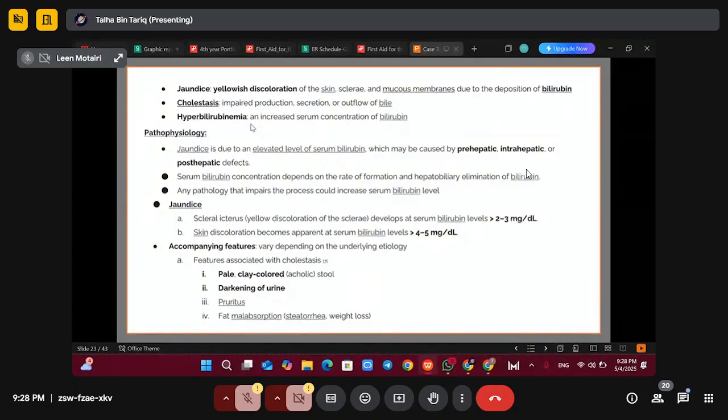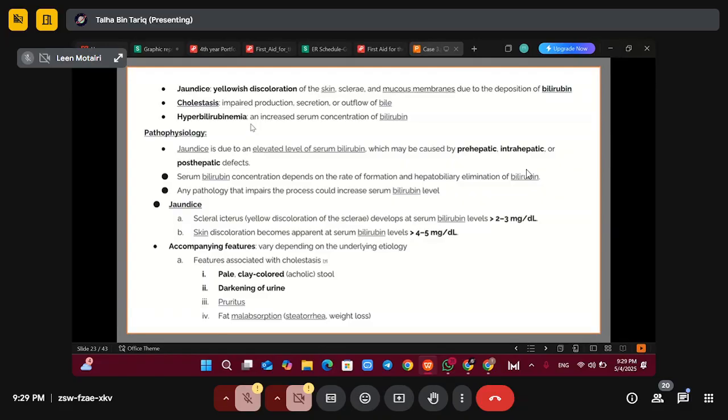Right now, jaundice, as I said, can affect your sclera. It can cause scleral icterus, which is the yellowish discoloration of the sclera, and it usually develops at more than 2 to 3 milligrams per deciliter of bilirubin in your blood, right? So this is once your sclera is being affected.